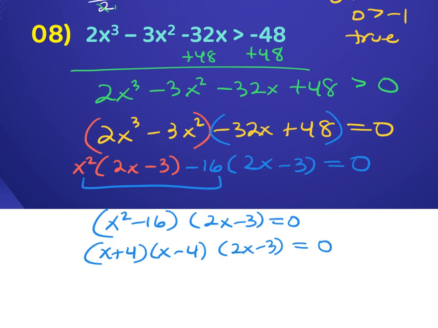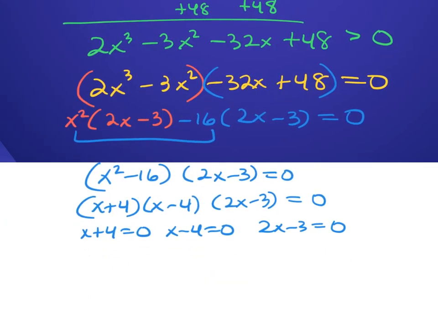And now I set each of these factors equal to 0. This one is actually going to have 3 different checkpoints or stopping points here. So set each of the factors equal to 0. Subtract 4. X equals negative 4. Add 4.